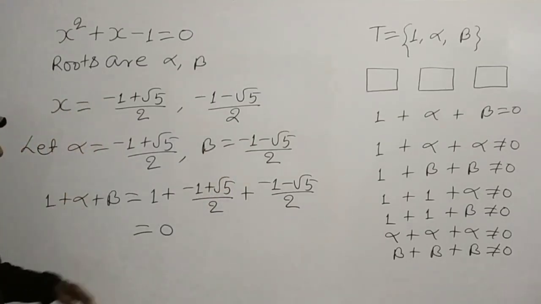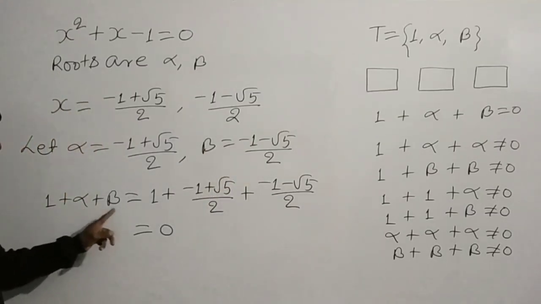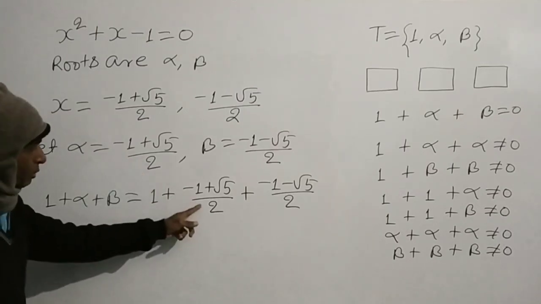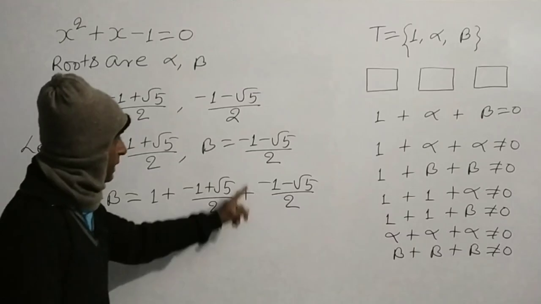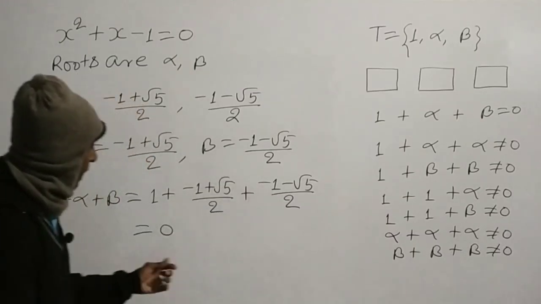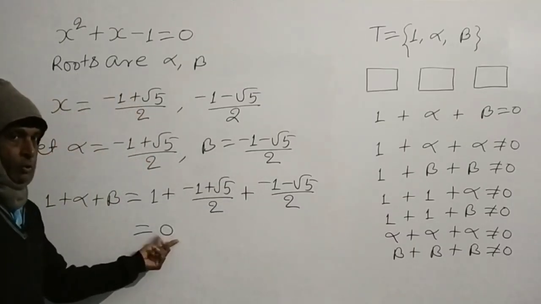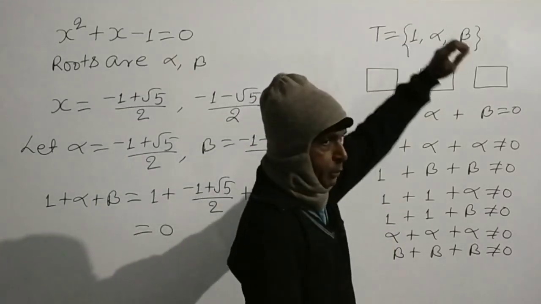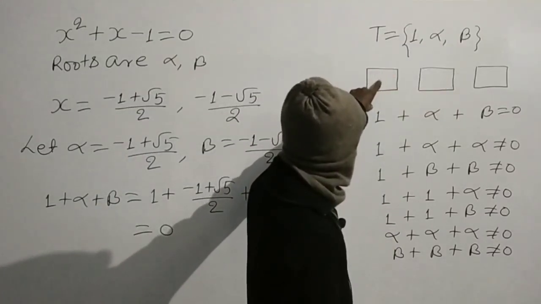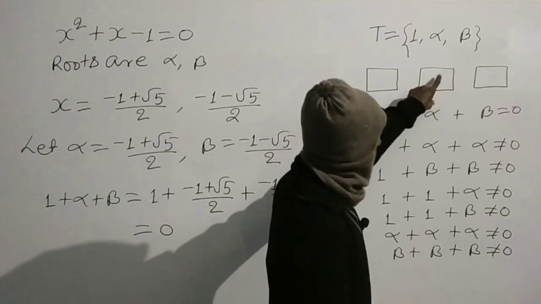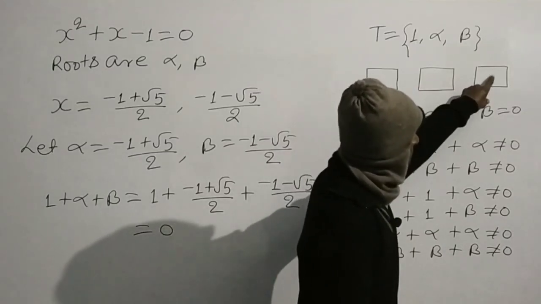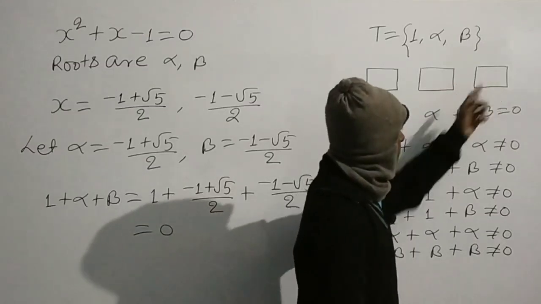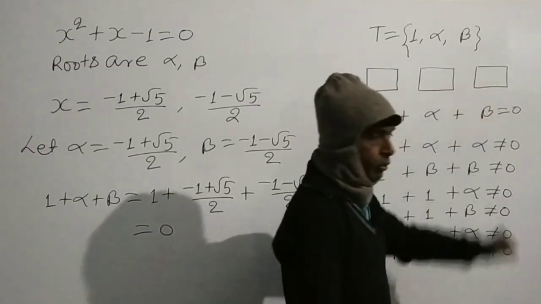Then we see that 1 plus alpha plus beta, means 1 plus this root alpha plus this root beta, is equal to 0. That means if we fill this place by 1, this place by alpha, this place by beta, then the sum of these three elements will be equal to 0.